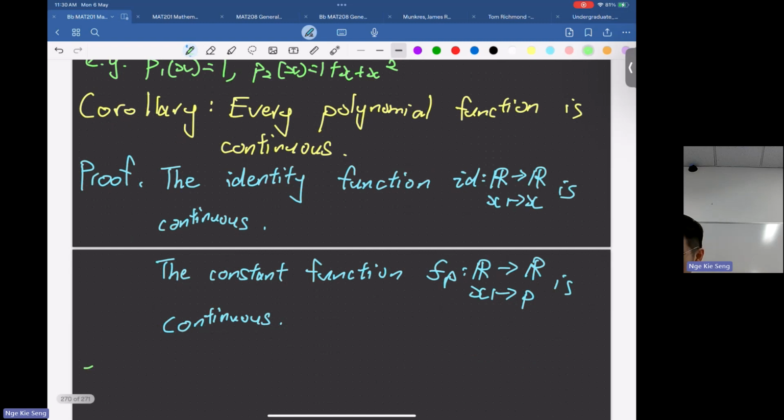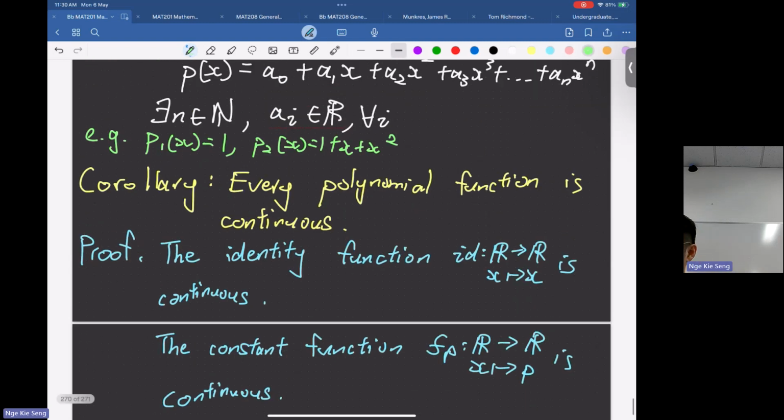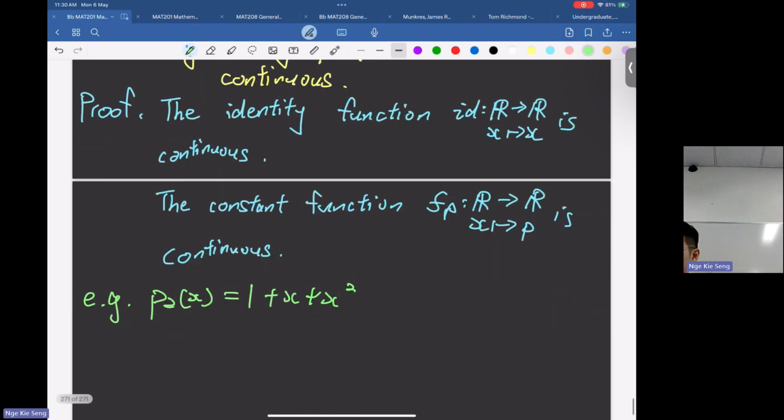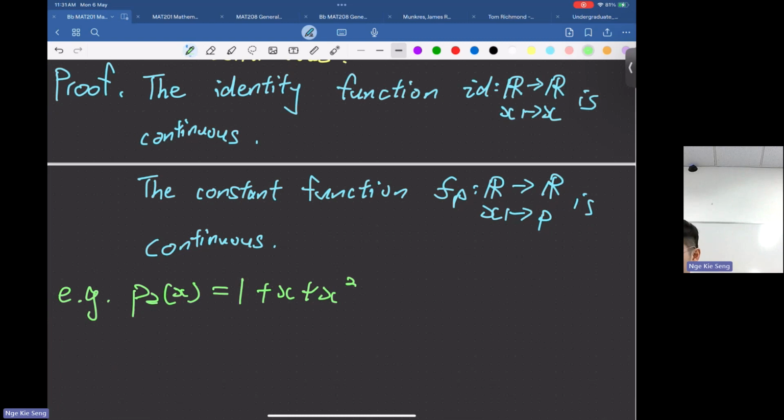So for example, just now we wrote P(x) equals 1 plus x squared. How do we build this map? You see 1 as a function of x, and x as the identity function.